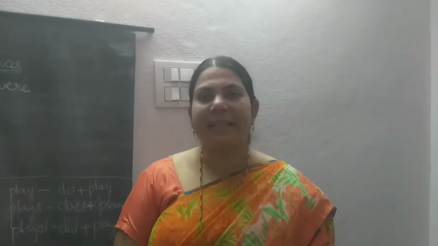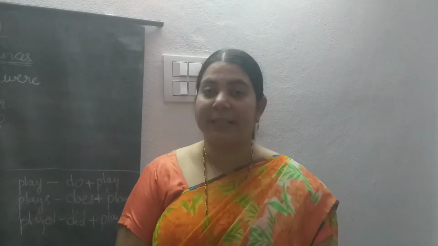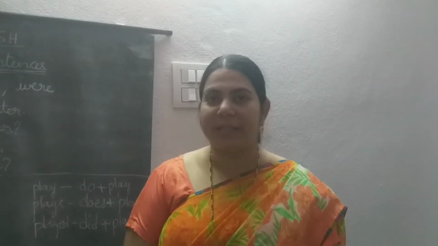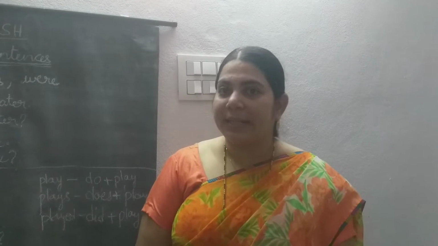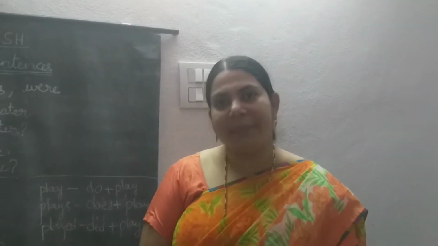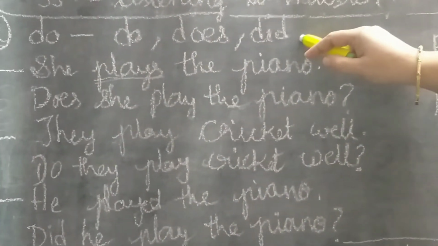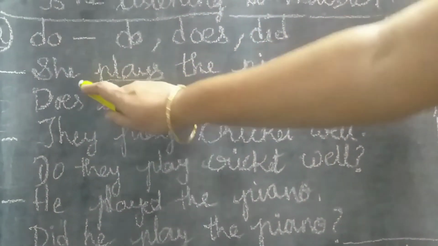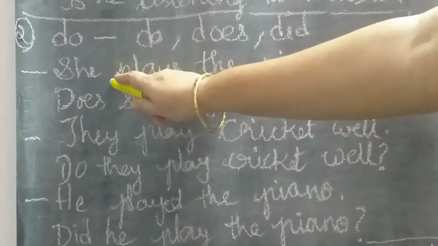But for all the sentences, we don't have helping verbs or auxiliary verbs. So for such sentences, what do we have to do to change a declarative sentence to an interrogative sentence? We just have to note what is the tense of the main verb given. Now let us see some examples here. If you look at the sentence, she plays the piano, we don't have any helping verb here.